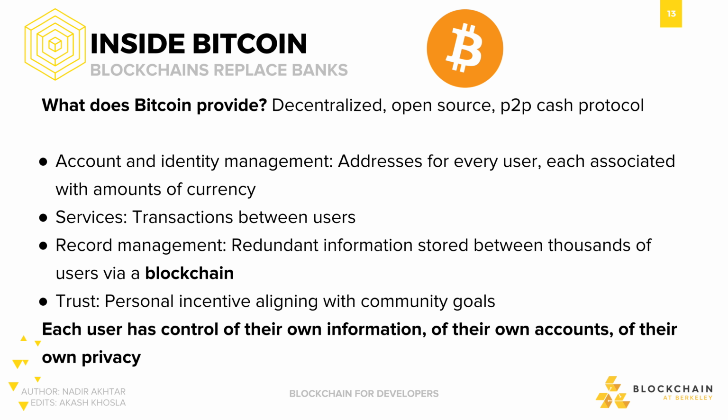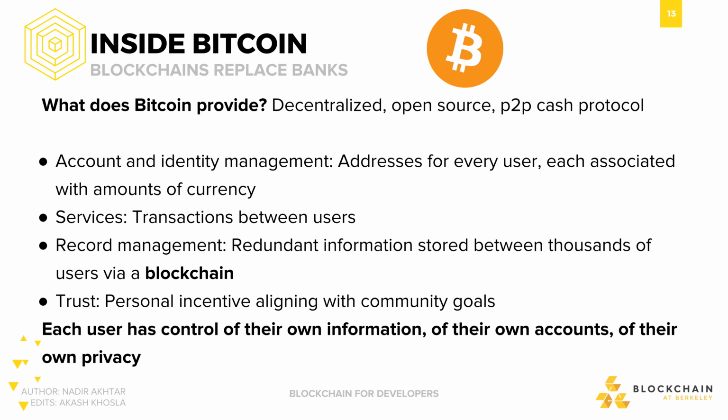Cache, record management. So you need to be able to store redundant information. You need to be able to share it between people, and you need to be able to keep track of everything. This is done via a redundant information store called the blockchain, which is basically a distributed ledger, which we'll talk about in the next few slides. You need trust as well, which will basically align personal incentives with the goals of the whole network.